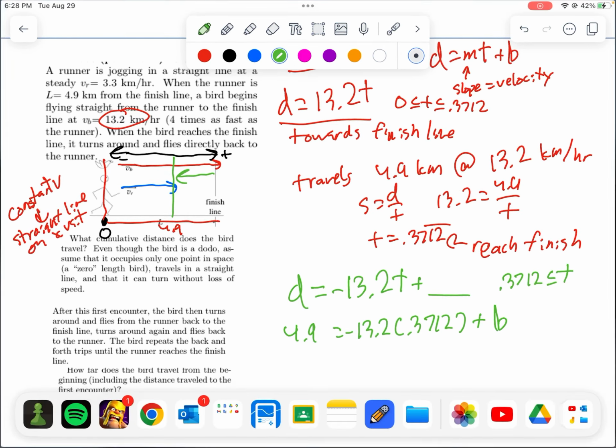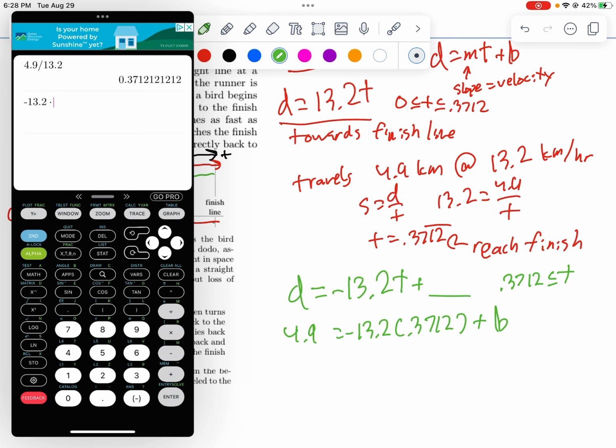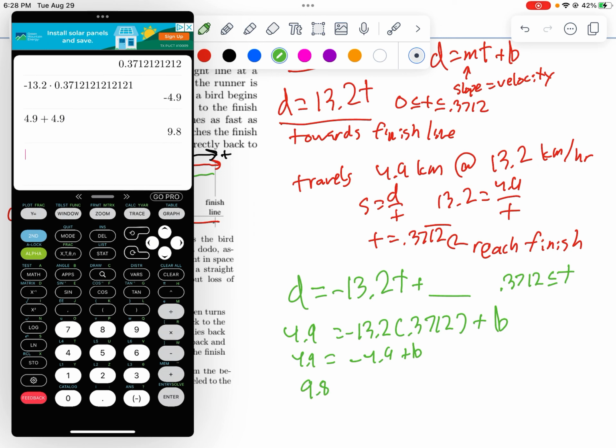So solve for the number for our y-intercept. So negative 13.2 times that time is negative 4.9, so 4.9 equals negative 4.9 plus b. So add 4.9 to both sides, so 4.9 plus 4.9 is 9.8. So b is 9.8. Cool. So this is our model going away from the finish line.